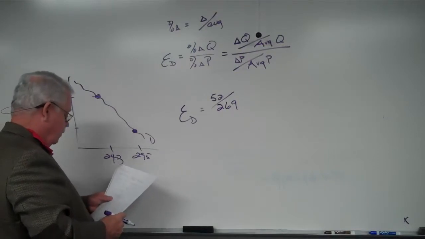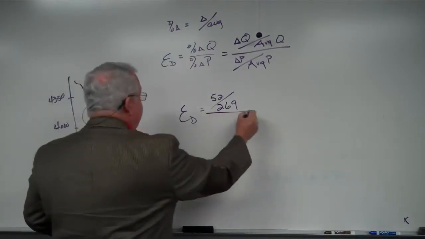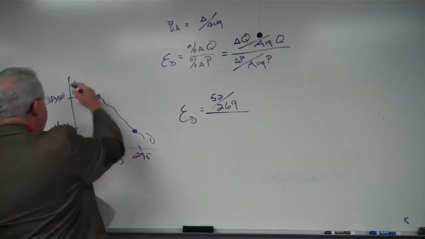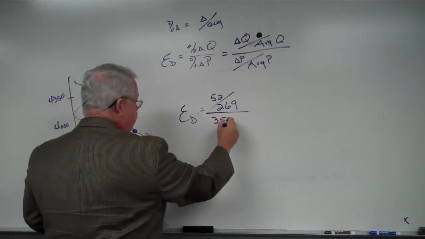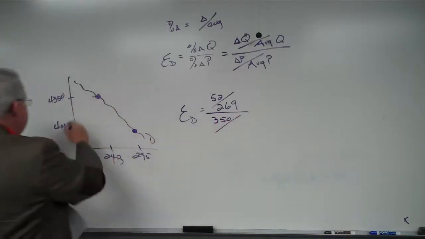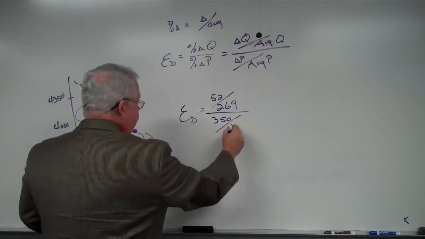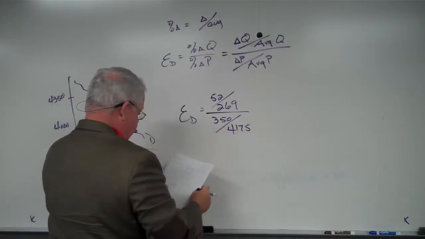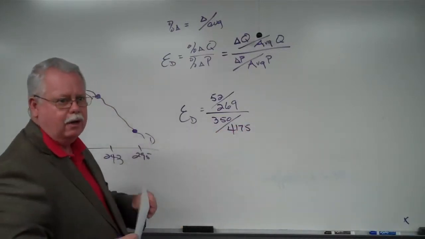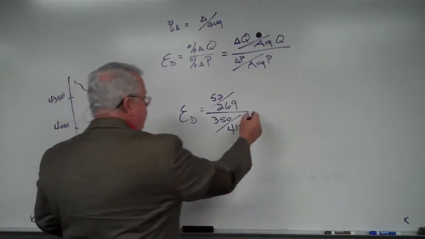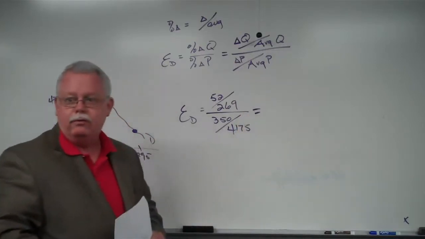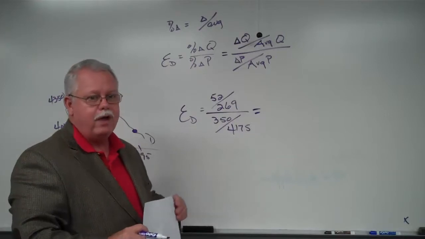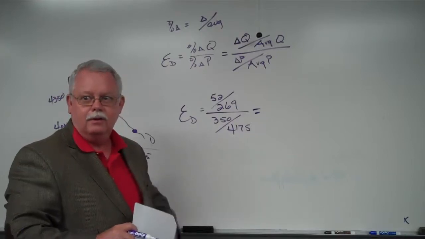And then when I do the same thing for the price, the change in price is $350, and the average price is $4,175. I managed to get that correct. So then, being a public school student for math, I'm not going to be able to do this longhand, so I'm going to get a calculator, right?